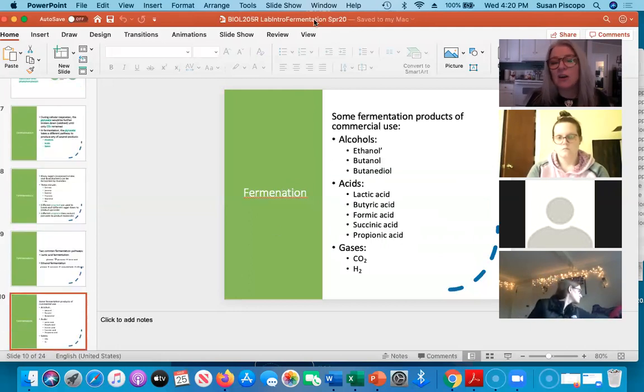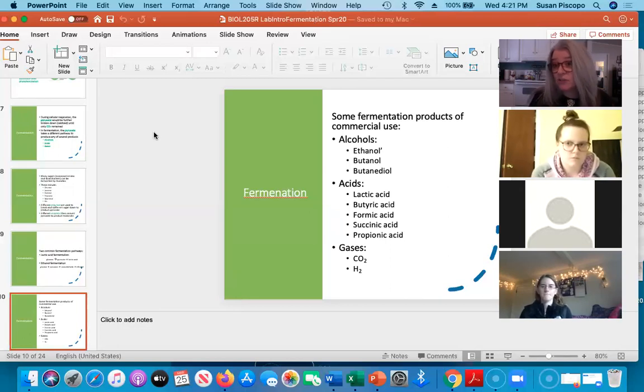So two very common forms of fermentation. But boy, there are a whole lot of different fermentation pathways with our microbes. I've got a few of the products listed here that are commercially interesting. We do fermentation commercially in order to make ethanol. Again, that's the alcohol we like to drink. But we also make butanol. We make an alcohol called butanediol. Those are both industrial alcohols. We make lots of acids.